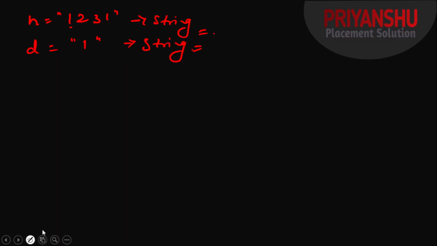Imagine we have n as the number 1 2 3 1, and d is the digit 1. We need to check, if I remove this one, what remaining things are there, and make sure this is in string format.